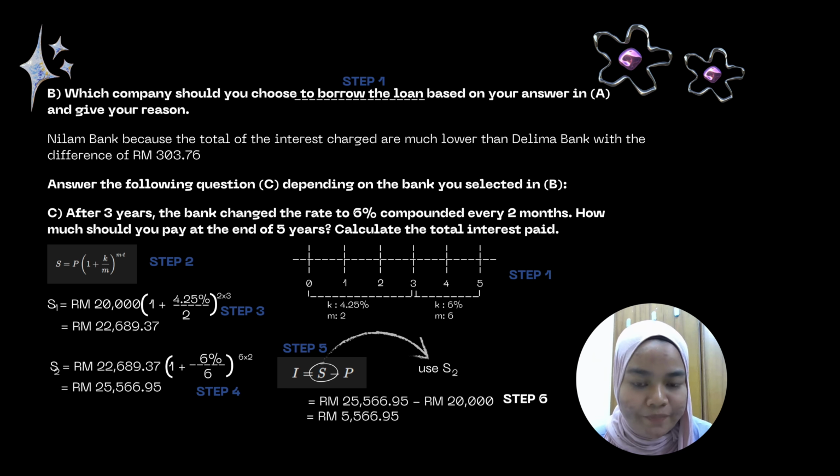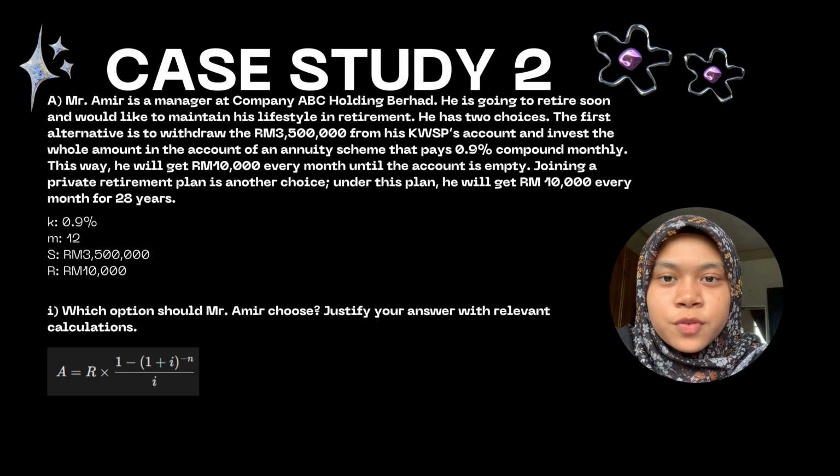So we get the answer 25,566.95 ringgit. The last step is to calculate the total interest paid. The formula is I = S, which is S2, minus P. So 25,566.95 ringgit minus 20,000 ringgit. So now we move to case study 2.